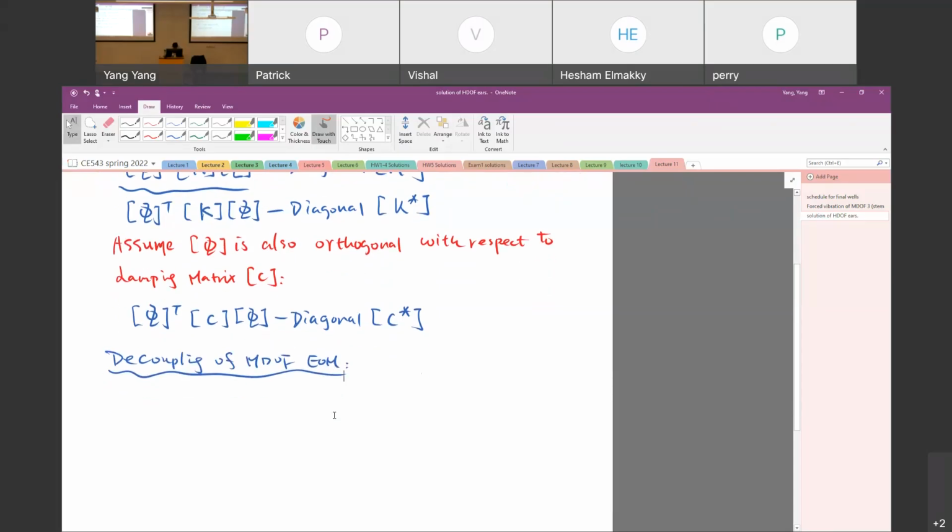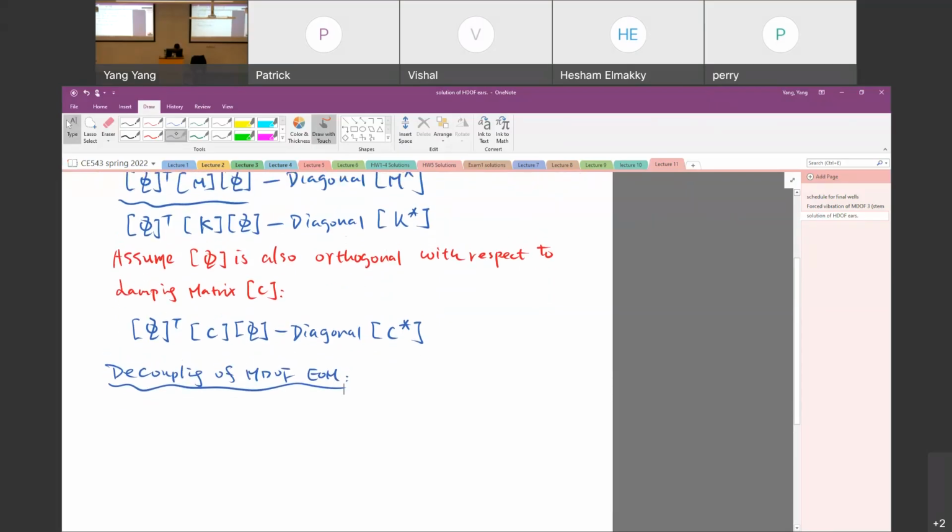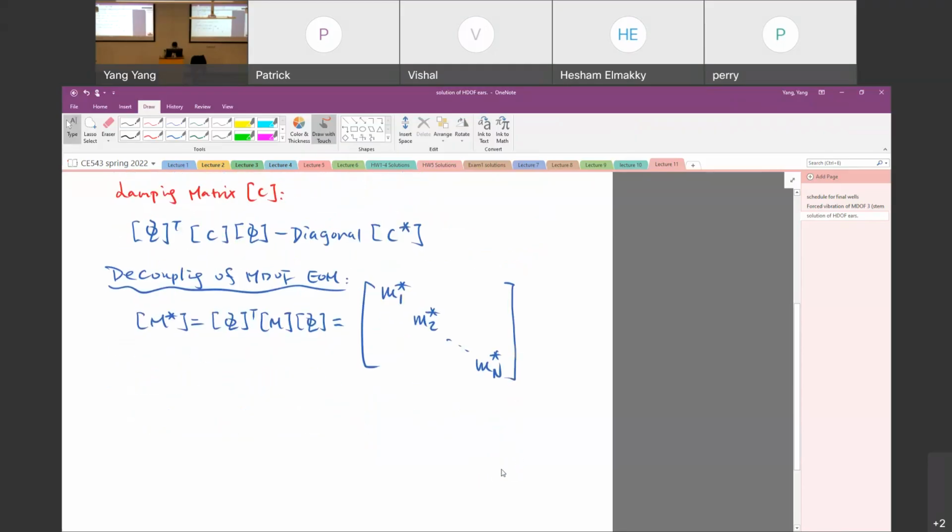The reason is that the new mass matrix will have only diagonal elements.